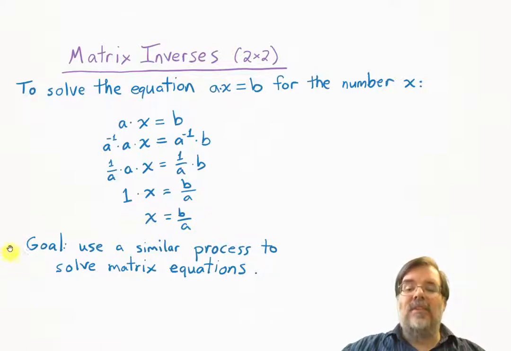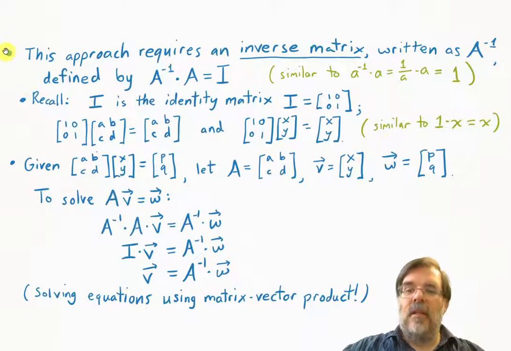Now we're going to use a similar process to solve matrix equations. It's important to keep each one of these steps in mind. We have to figure out what the corresponding step would be in the context of matrix algebra. So first, we're going to need something called an inverse matrix.